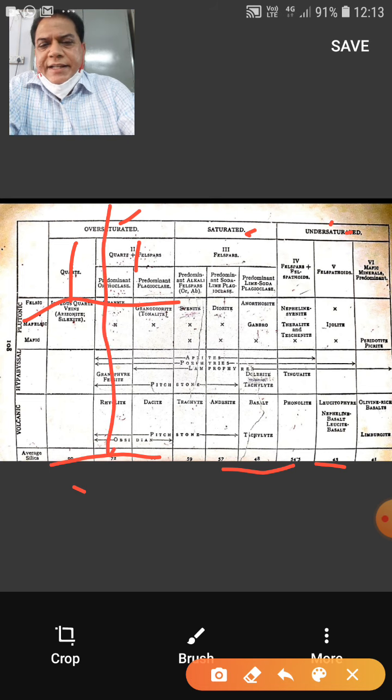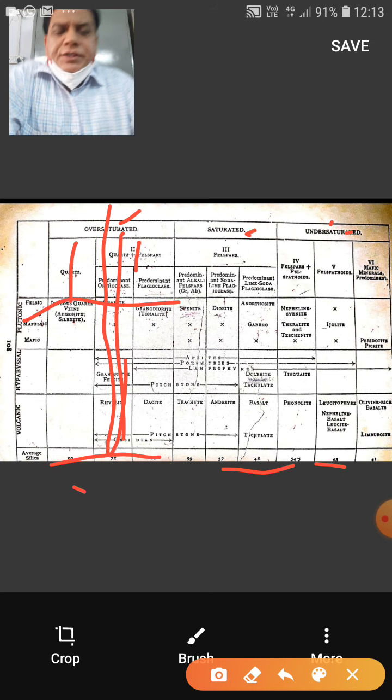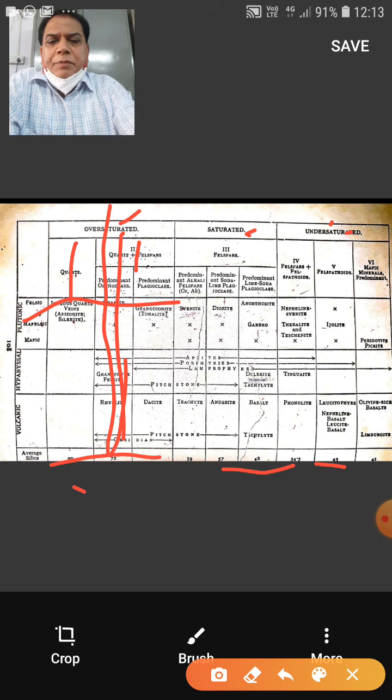So we can just see here that in this column, as far as the basis of Shand and Holmes's saturation principle, the rocks are in the category of oversaturated rocks. As far as silica percentage is concerned, they have more than 66% silica.